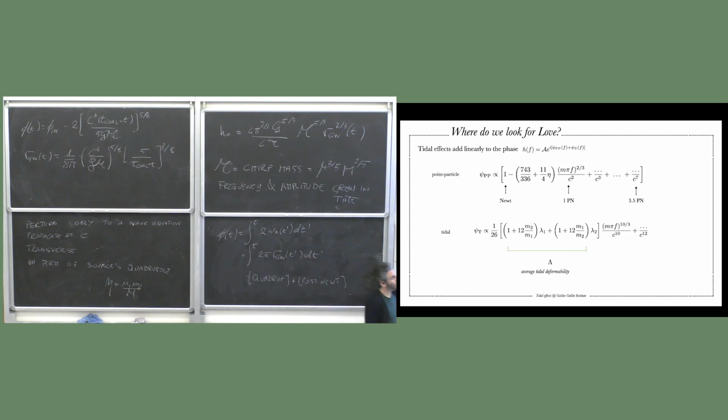And then, if you go all the way up to the 5 PN term, the 5 post-Newtonian term, so v over c to the 10, you then meet the tidal contribution, so the tidal Love number.